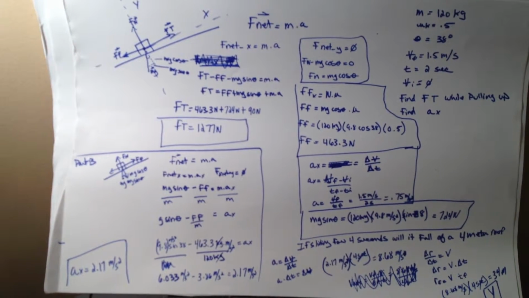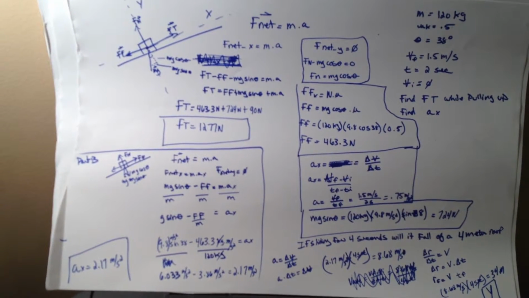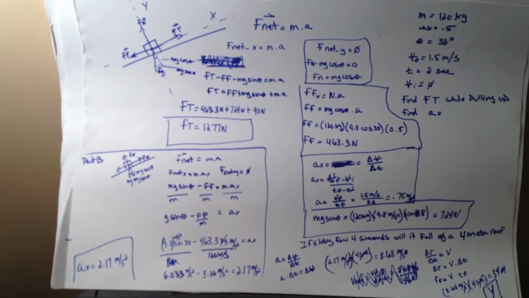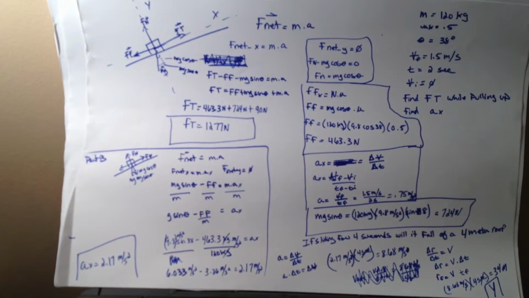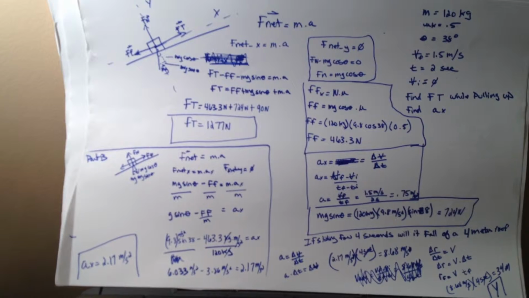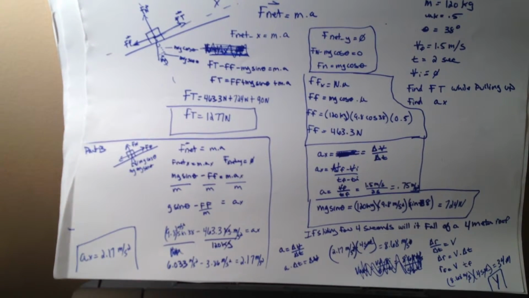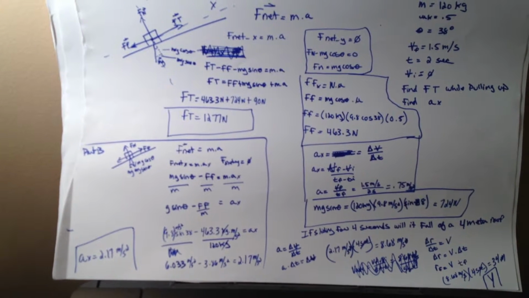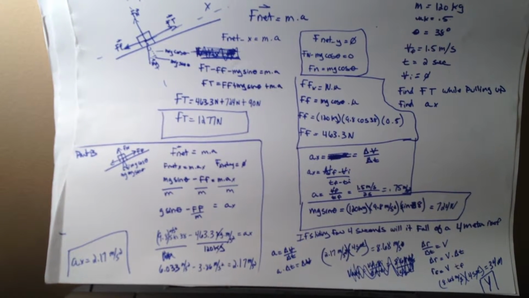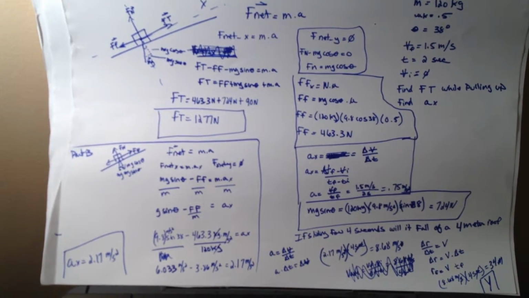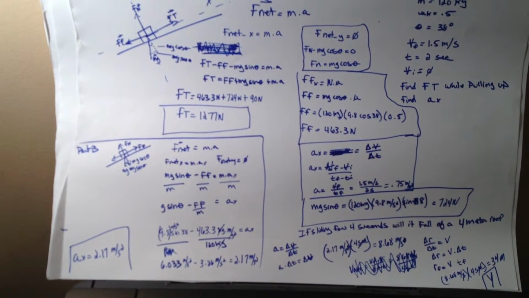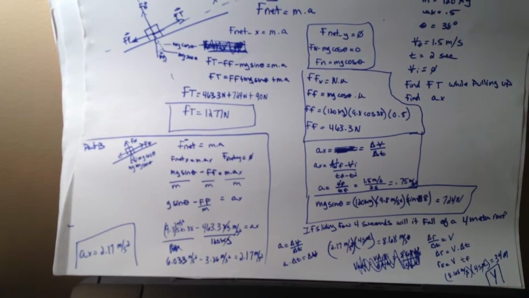We say force of tension minus the force of friction minus mg sine theta is equal to mass times acceleration. Moving terms over, force of tension is equal to force of friction plus mg sine theta plus mass times acceleration.